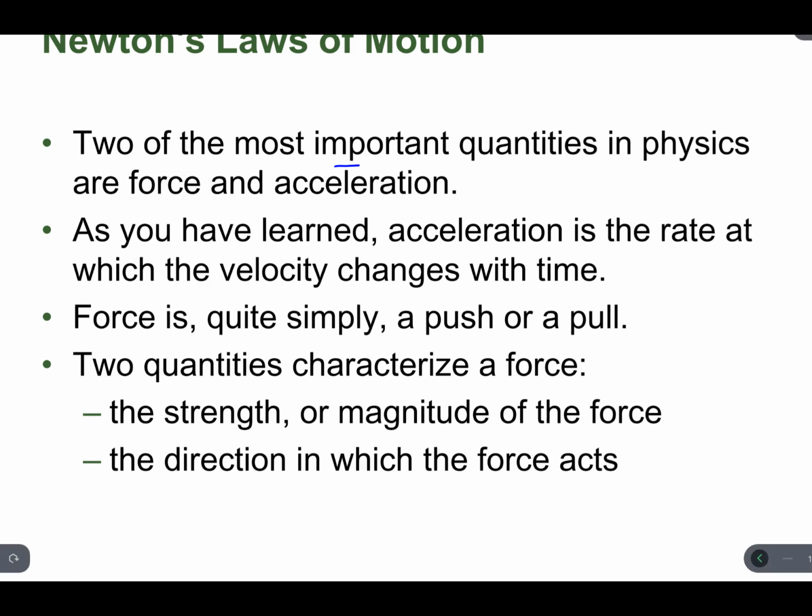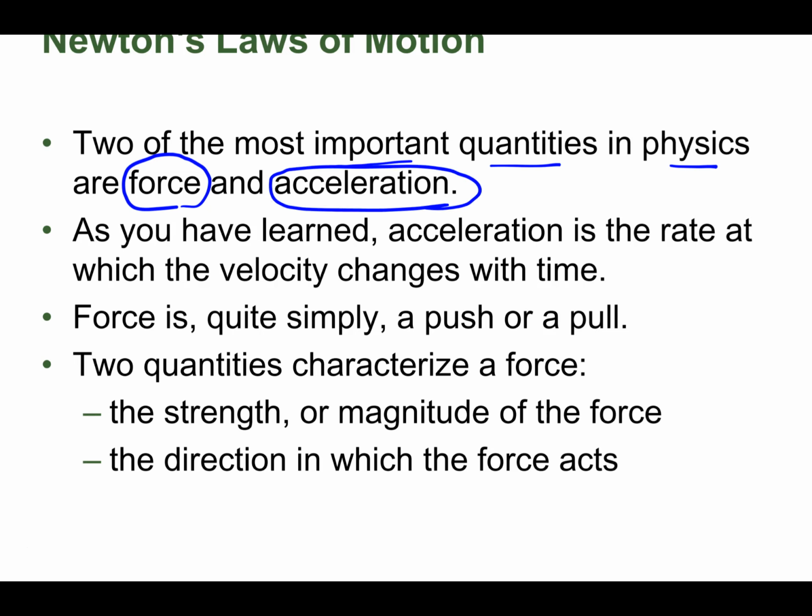Two of the most important quantities in physics are force and acceleration. You studied before the meaning of force and also the meaning of acceleration. As you have learned, acceleration is the rate at which the velocity changes with time.